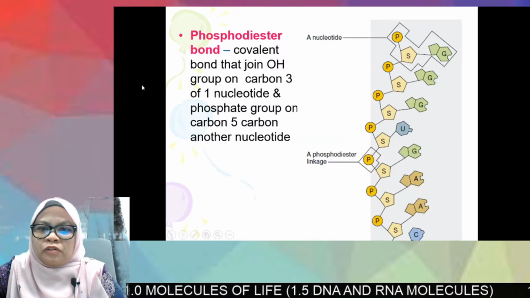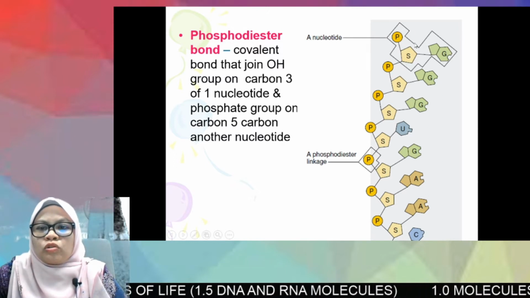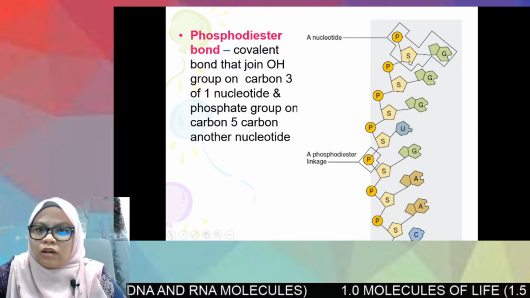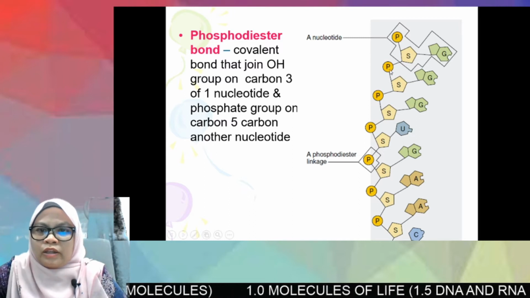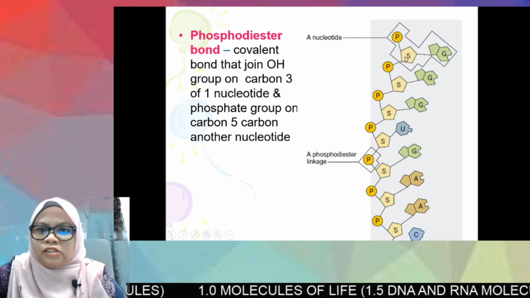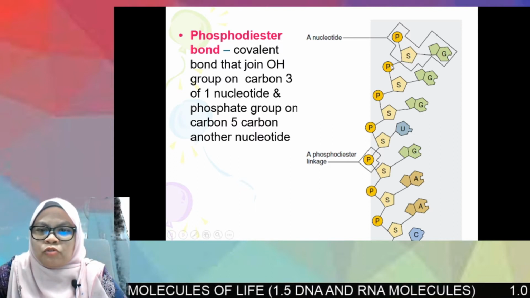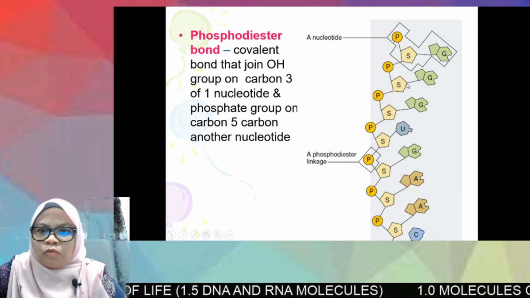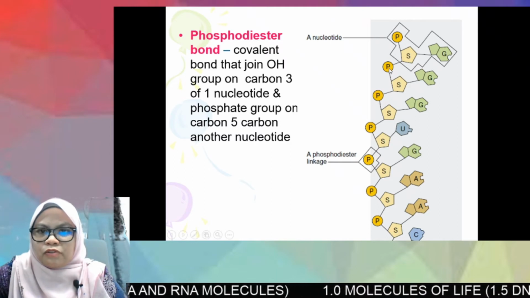So the phosphate group is the group involved in joining the nucleotide units. This is one nucleotide and this is another nucleotide. Carbon number 3 of the first nucleotide will attach to the phosphate group of the next nucleotide. Let me repeat.